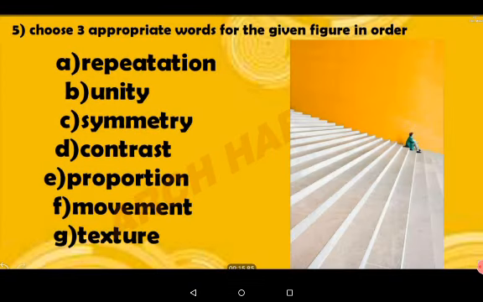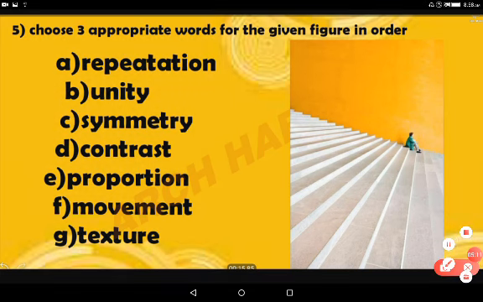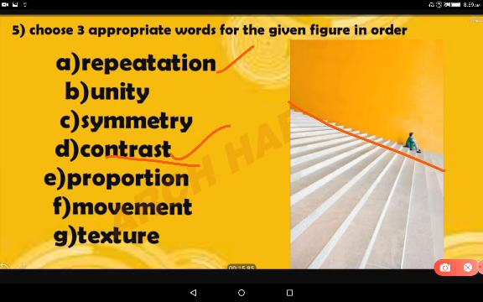This is our fifth question. We want to choose the three appropriate words. The thing we can strictly see in this figure is contrast, isn't it? The contrast between the wall and the white floor or white steps. And there is, of course, repetition, yes, throughout the figure.